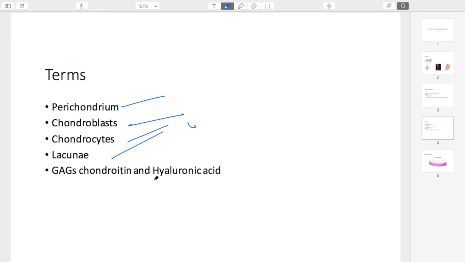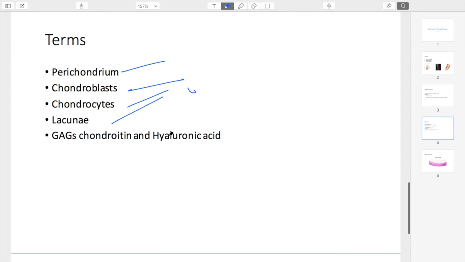I already mentioned that cartilages are nourished by long-range diffusion from nearby capillaries in the perichondrium, and the GAGs help in that process. So that's about that.